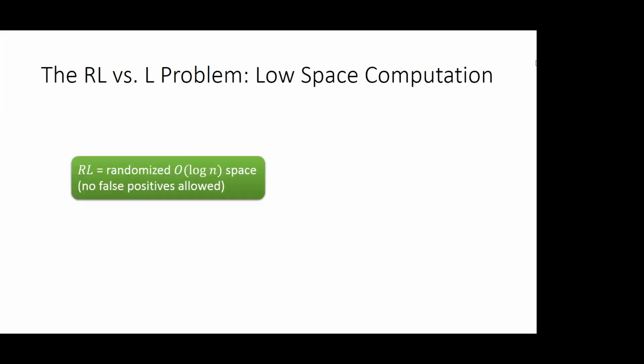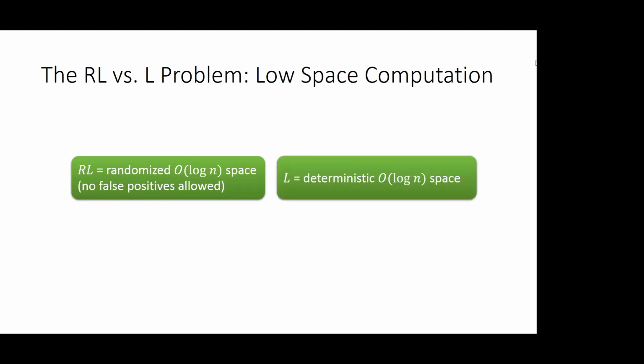Then we can define RL and L. RL is the class of problems that can be computed in this model in logarithmic space when you have access to random bits, and we're not allowed to have false positives, only potentially false negatives. And then L are the problems that can be computed in logarithmic space in this model where you're not allowed any randomness at all.